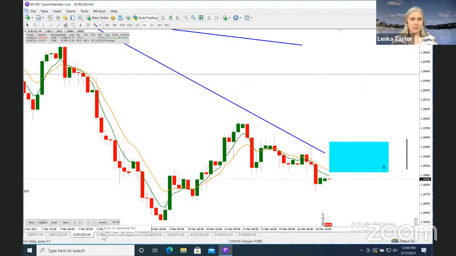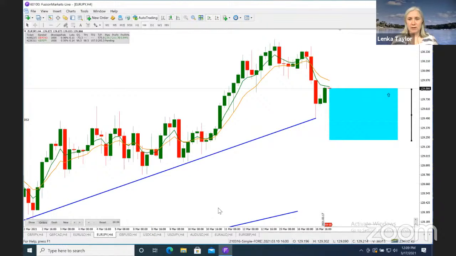Next is EUR/JPY. This one now has had a bit of a pullback to that trend line area, so I'm looking for a setup now, some kind of pin bar or engulfing, for a long on this one.